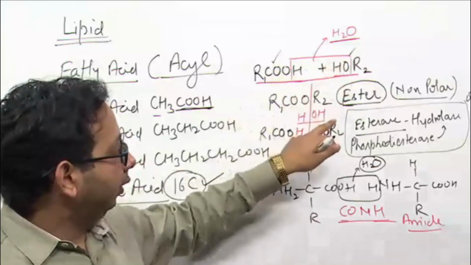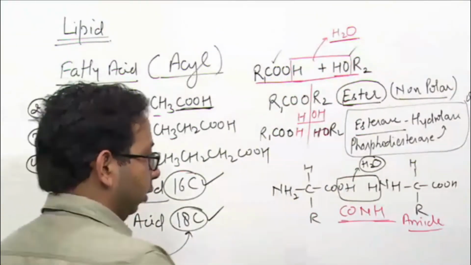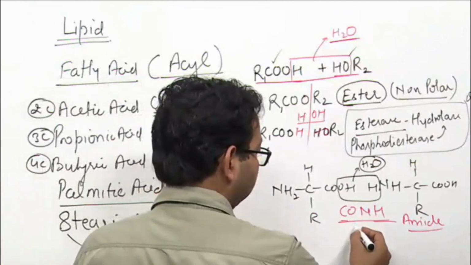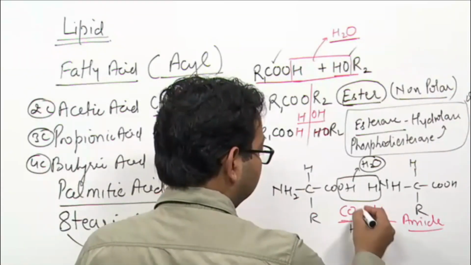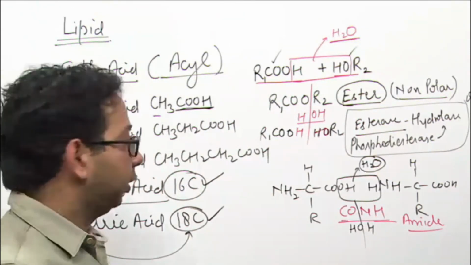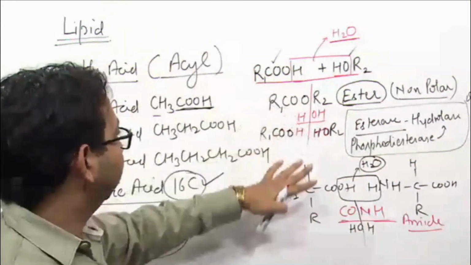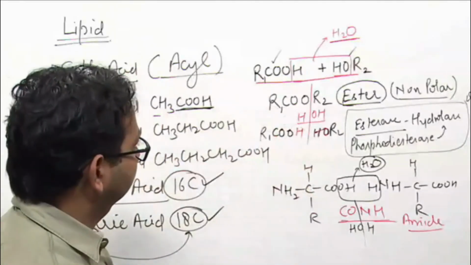Acid and alcohol join, they form an ester bond. If you want to cleave this amide bond, you must add water. Is it clear? So this is about the basic chemistry part of lipid.